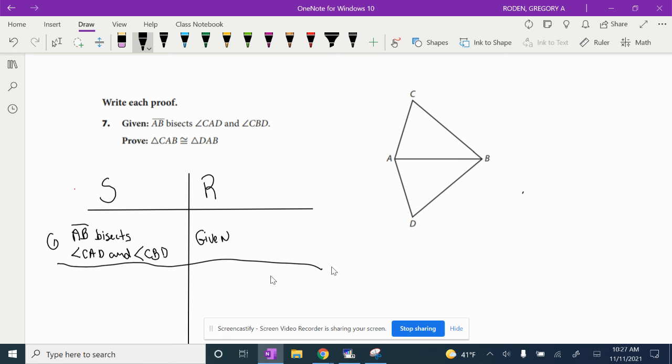Okay, now here's step two. So knowing that AB is a bisector, I can say that angle CAB is congruent to angle DAB.